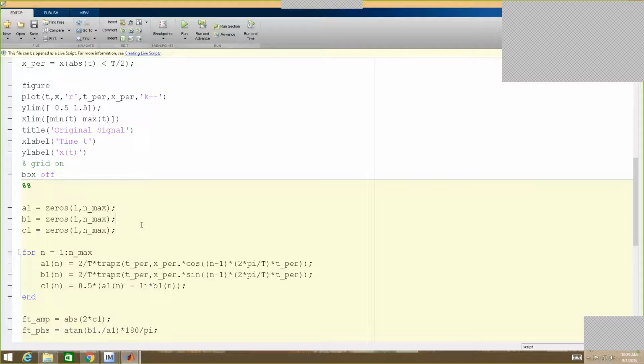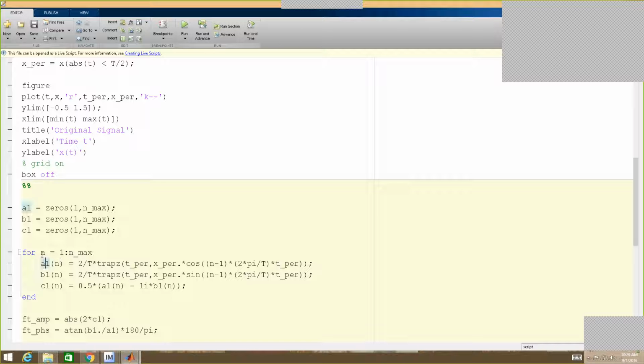What next? Now let's calculate the Fourier coefficients for the same signal. So here I define arrays, A1, B1, and C1. They have the same meaning as we saw in our lecture. A is the harmonic coefficients associated with the cosine terms, B is associated with the sine terms, and C is the complex form.